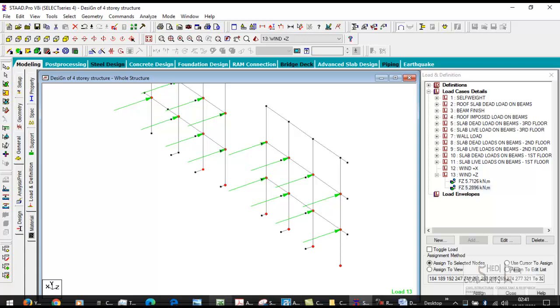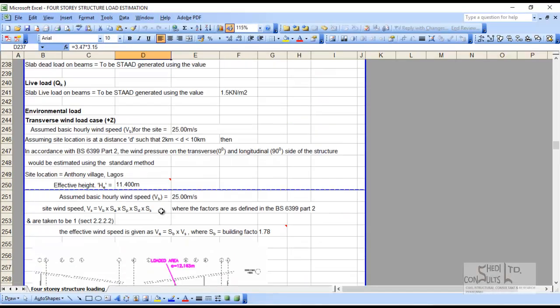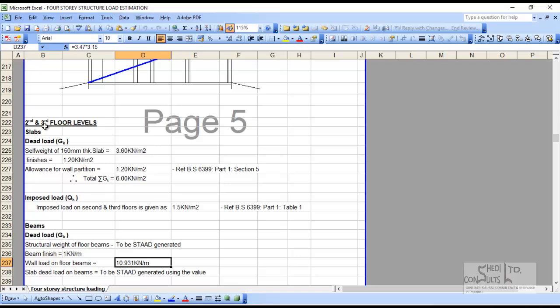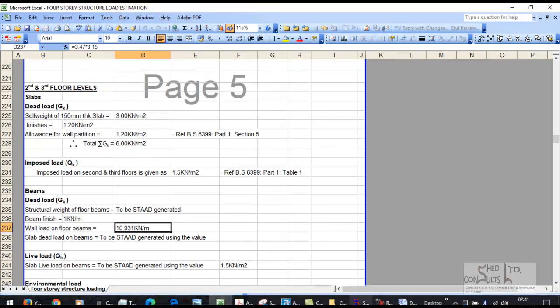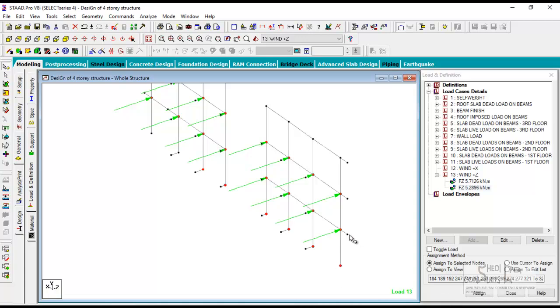If you look here, this is the wind load on the second and third floor. So it's the same load you apply. This is second and third floor. So this is first, second, and third. So this is the load on the second and third floor that we have applied.